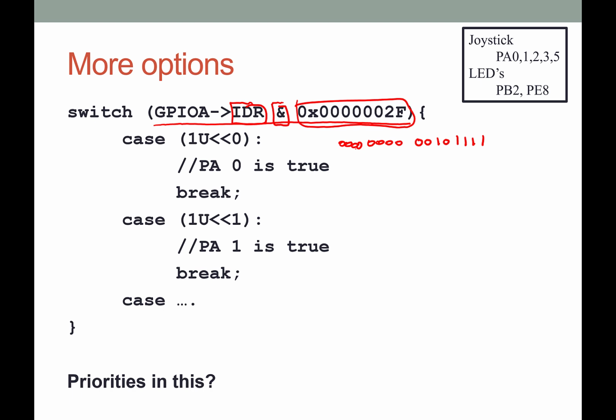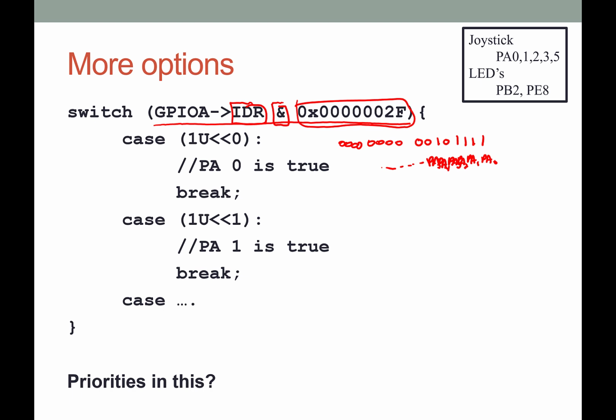But basically you see we're looking at taking the input data register, which is IDR, which is going to be PA0, PA1, PA2, PA3, PA4, PA5.